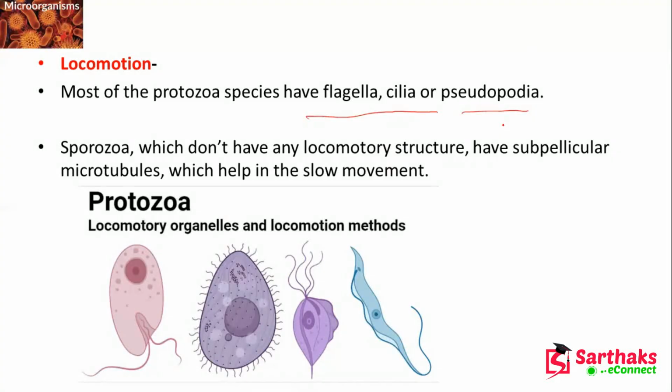Cilia we have already seen. Now these sporozoa don't have any locomotory structure and have subpellicular microtubules, which help for slow movement. These are the locomotory organelles and locomotion methods. Here you can see how they are moving.